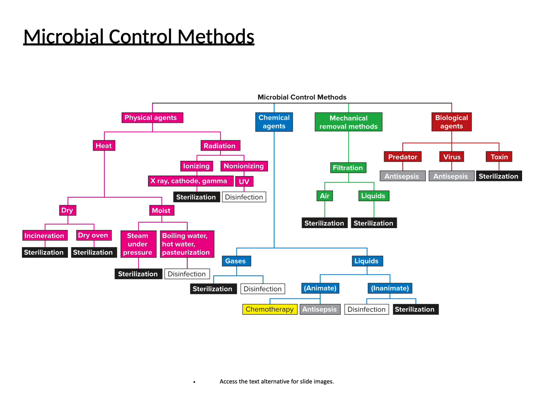This is a very key slide for this chapter because it goes over all the different agents and techniques that can be utilized to control microbial growth. You should know the different categories and then examples of techniques or agents, such as a physical control using heat, or a physical agent like radiation.